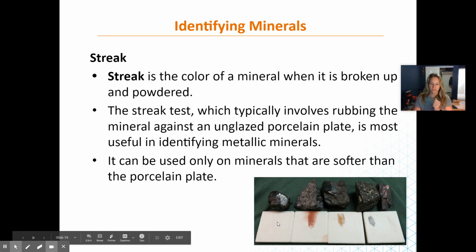You can see there's no streak on the streak plate, which is just an unglazed piece of porcelain, and you guys will use this in the lab. This one also, maybe faintly, I see something, so I would have to look up close on that one. But the other ones show no streak. So the luster would be metallic for these and non-metallic for that one.